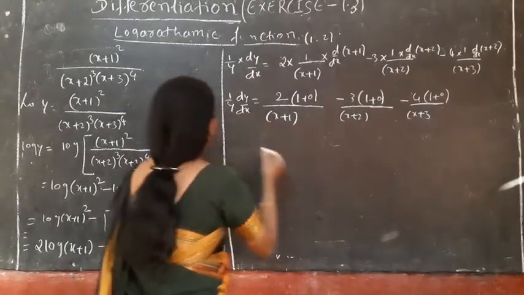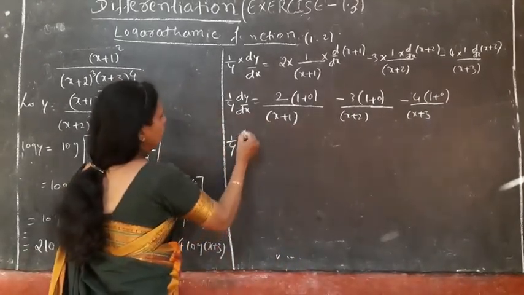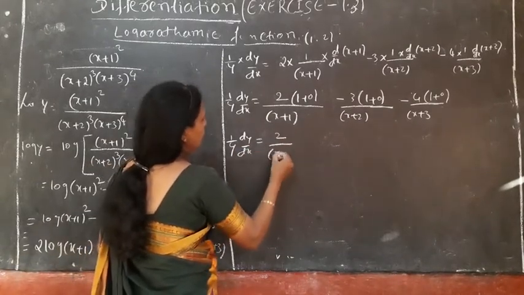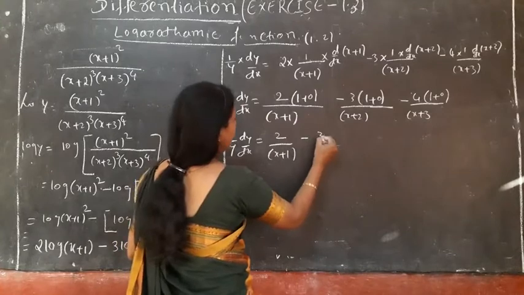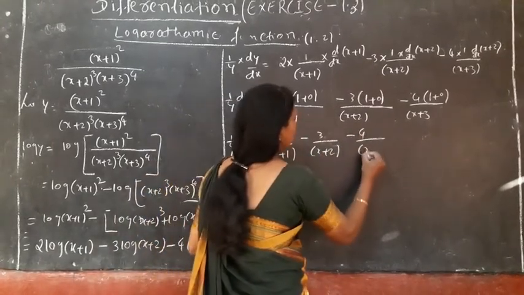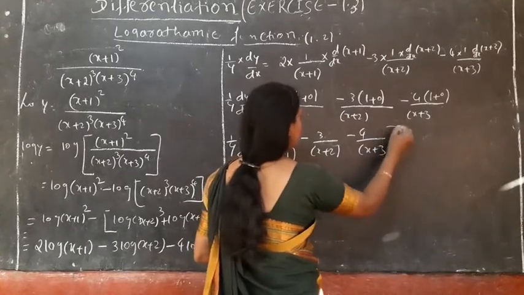Okay. Now simplify this, 1 upon y dy upon dx equal to 2 upon (x plus 1) minus 3 upon (x plus 2) minus 4 upon (x plus 3).